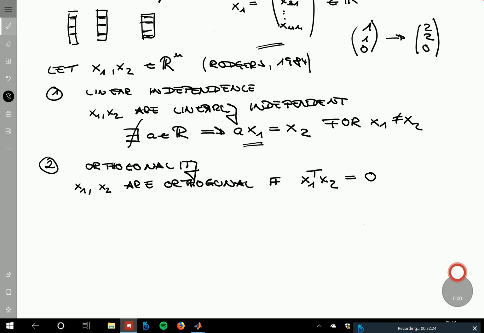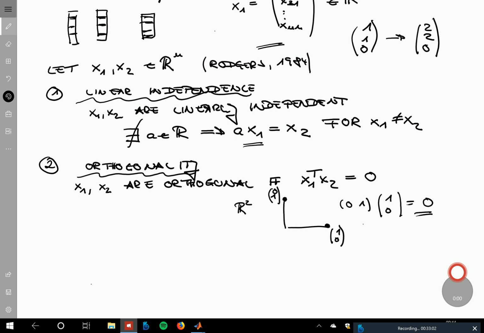For example, in R2, a two-dimensional setting, you have the vectors 0, 1 and 1, 0, which you can visualize like this. If you compute the scalar product, you get 0 times 1 plus 1 times 0, which is 0. So they are orthogonal. That's what orthogonality means.